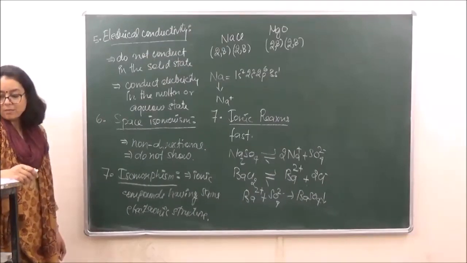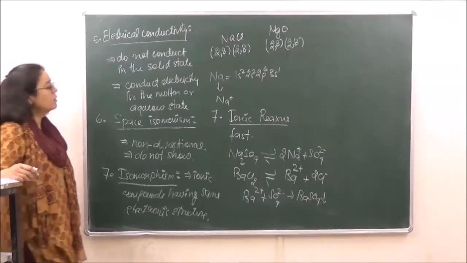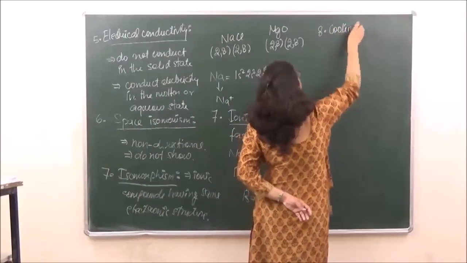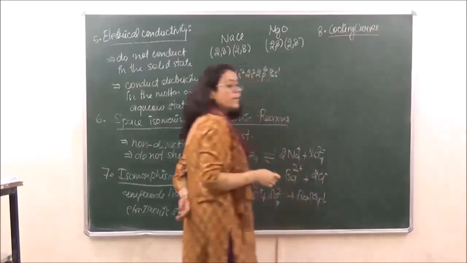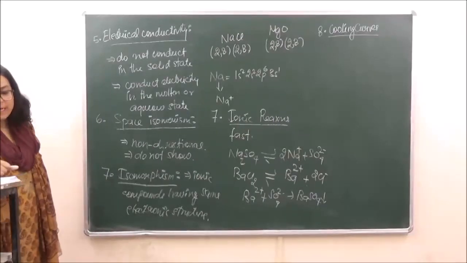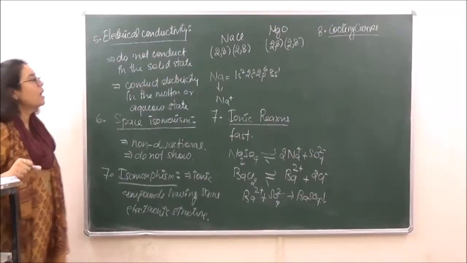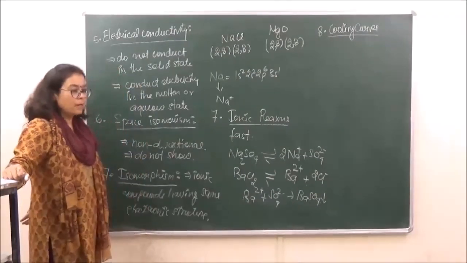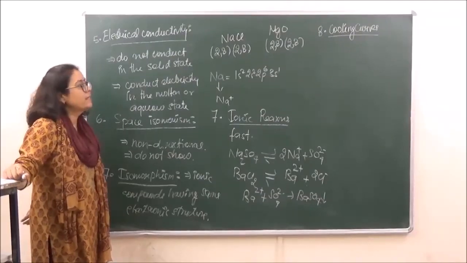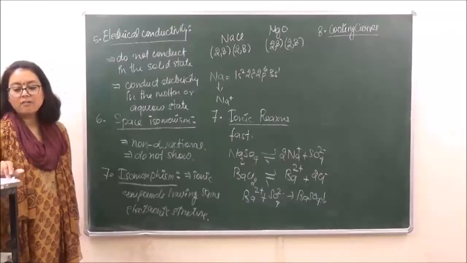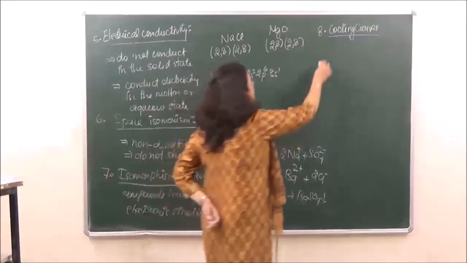Then we come to a new term, known as cooling curves. What do we understand by cooling curves? Cooling curves means that when we are trying to solidify a molten electrovalent compound, we have a melted electrovalent compound and we are trying to cool it, and we plot a graph between temperature and time.